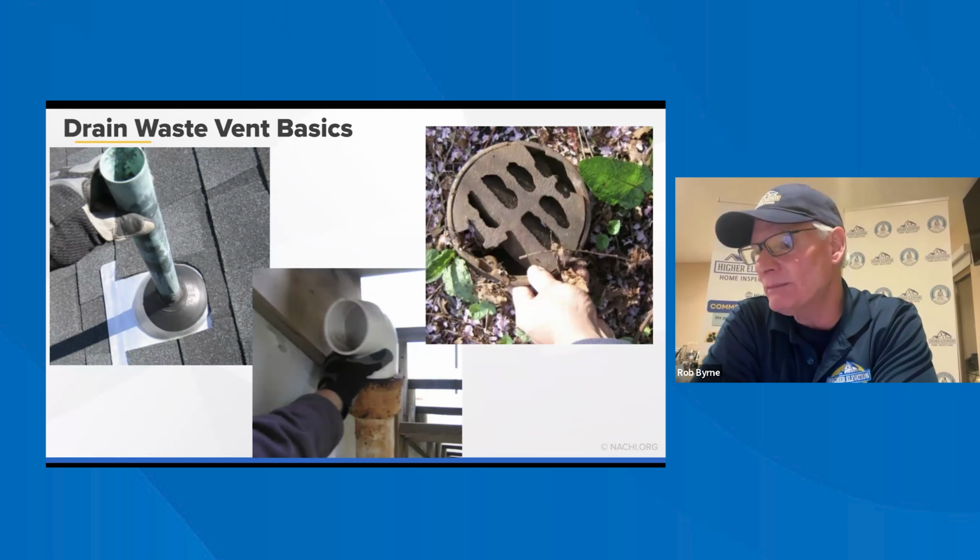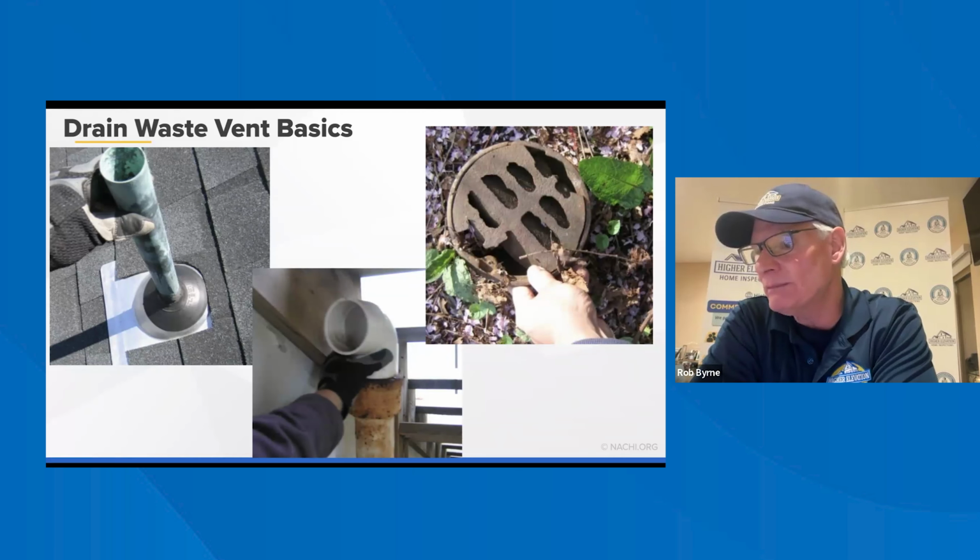So there's a little something going on here. Call it out, put a comment on it. And obviously that nail is going to rust and it's going to create a leak point in the roof. So again, that's the plumbing stack. Check the gasket around it. Pretty straightforward when you do your roof inspection.